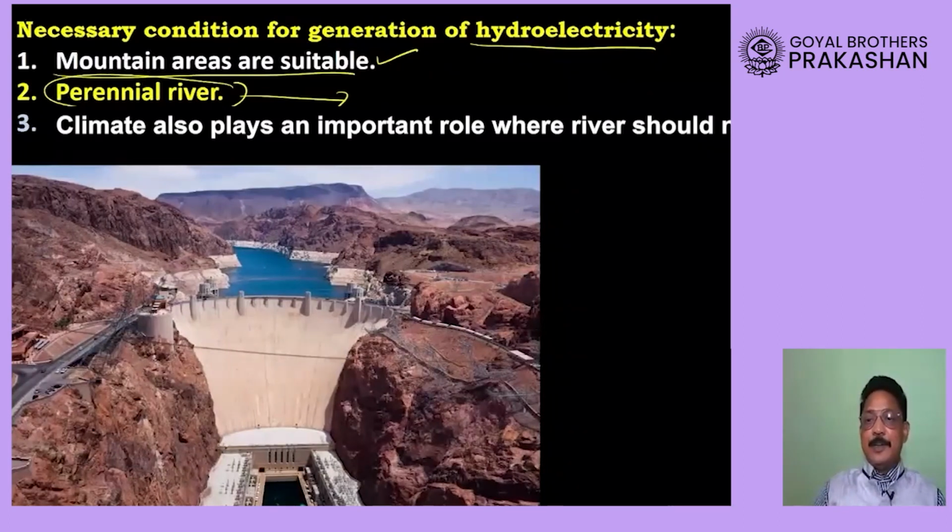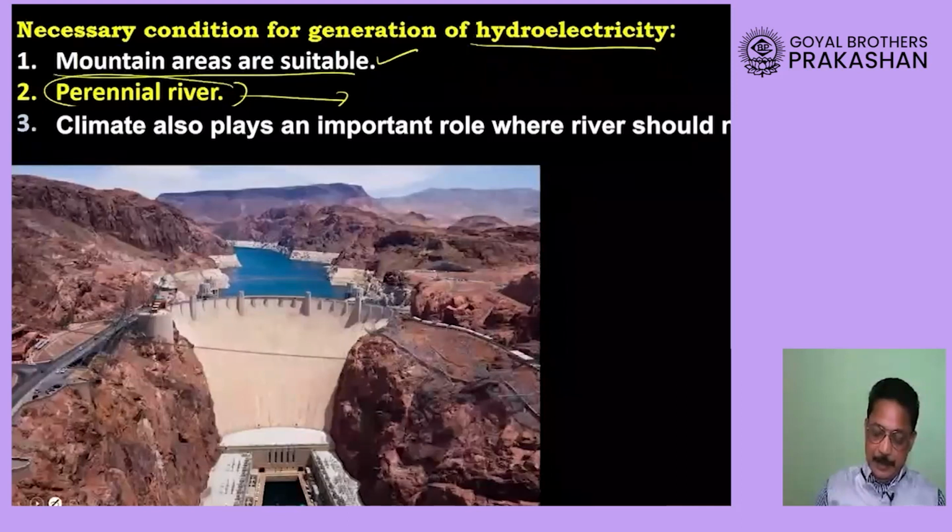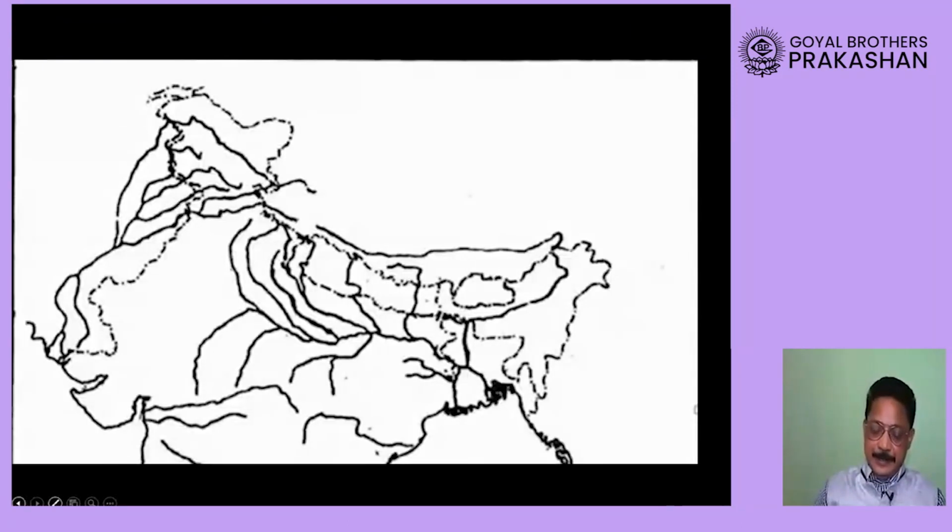And third, it should be in such a place where water does not freeze during winter time. If it is present in a mountain area, it will be an ideal place to produce this electricity.